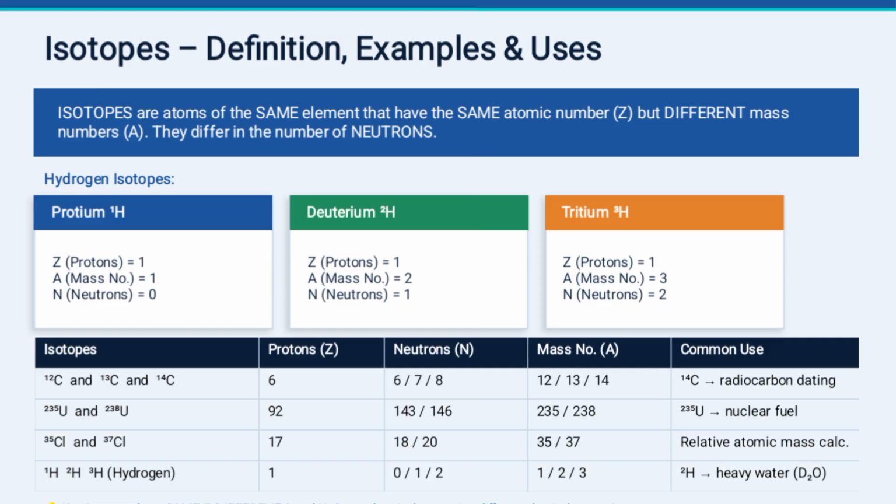The mass number is also 1, but it doesn't have a neutron. Why? Because neutron is gotten by mass number minus atomic number, which is 1 minus 1, and that's 0.